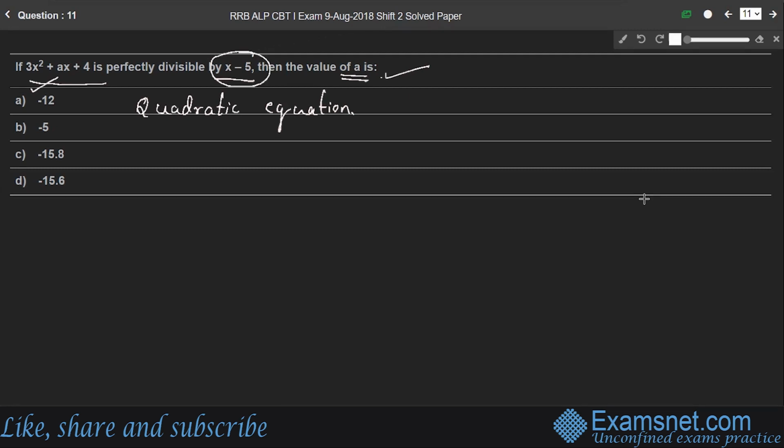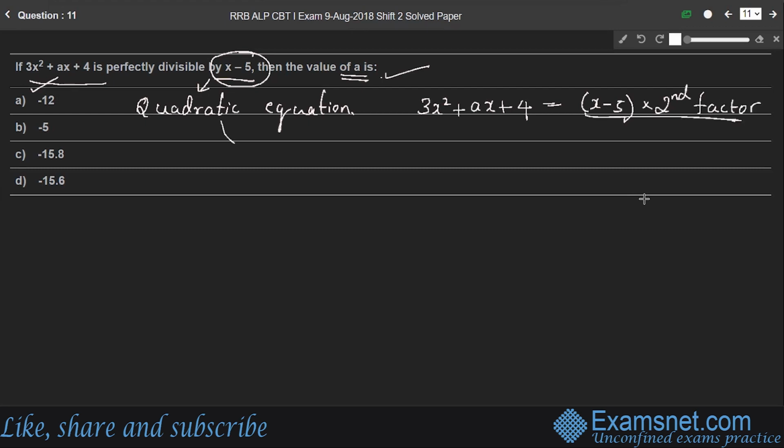It is divisible by x minus 5, which means x minus 5 is one of the factors of the given equation. Therefore, 3x squared plus ax plus 4 can be written as the product of x minus 5 and one more factor, which is the second factor.